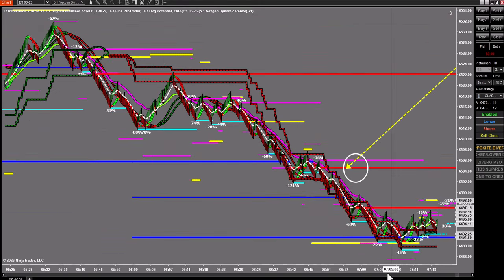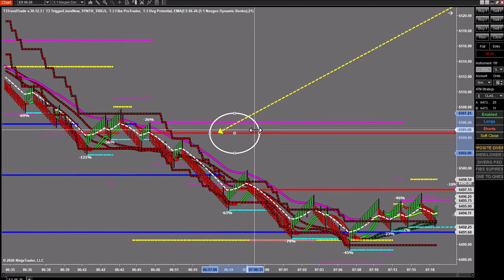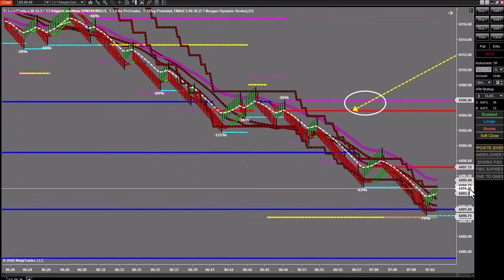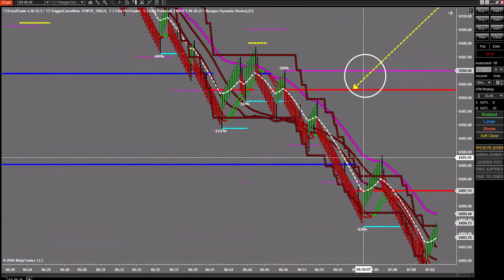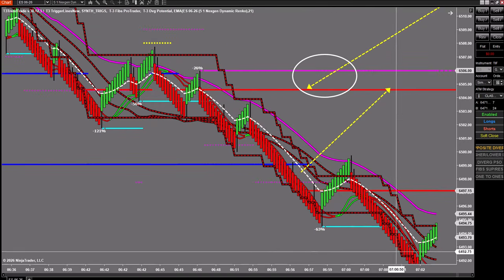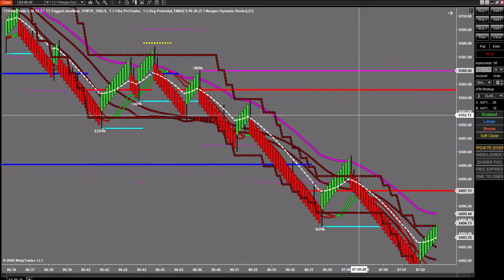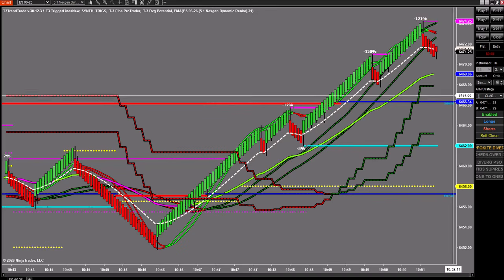Okay. So if we did get a pullback to that EMA on the big chart, the small chart already handles where are we in relationship to the synthetic triggers, which are nothing more than the large triggers on your big chart. So it's kind of redundant since we have the second chart now. So I don't even think it's necessary. Did that answer your question? I want to make sure.